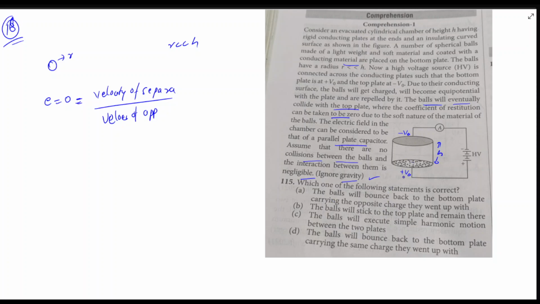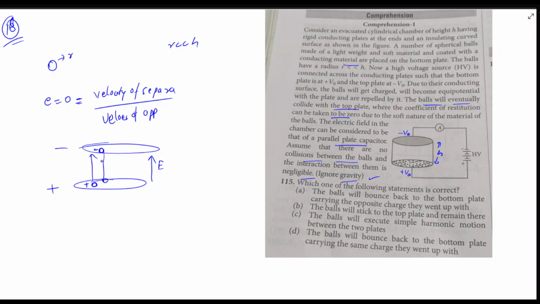Now what will happen? Look, so these are our plates, right? It is positively charged, it is negatively charged. Now as soon as the ball becomes positively charged, it starts to rise because the electric field will be like this. So they will rise there. If they reach, here they are at the positive charge, and after reaching there, they will first become neutral and then they will get negative charge and they will get repelled. So they will go down.